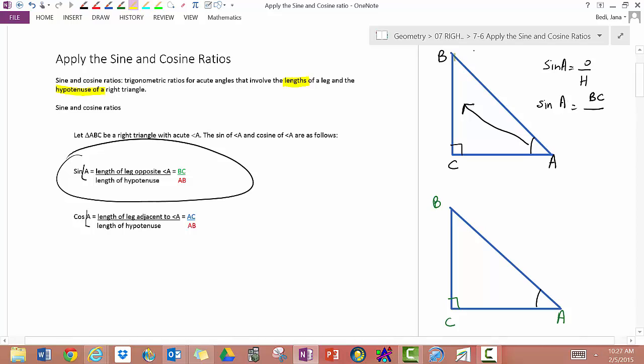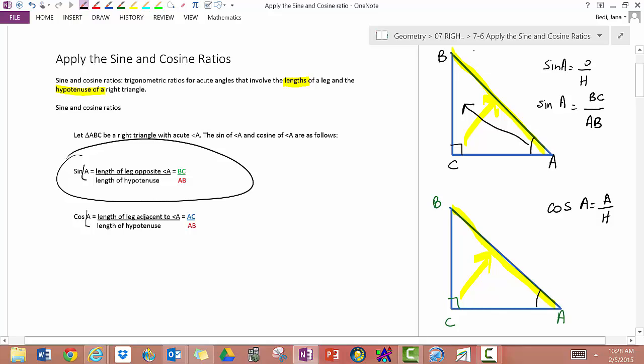The hypotenuse is always the hypotenuse. It is opposite the right angle. So sine of A is BC over AB. Cosine of angle A is adjacent over hypotenuse.